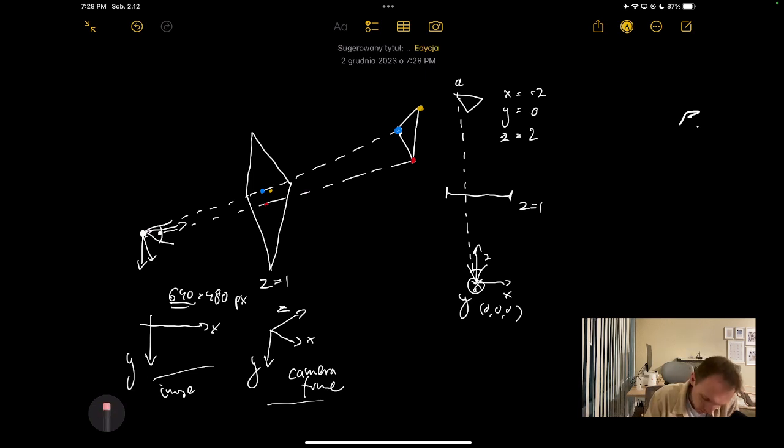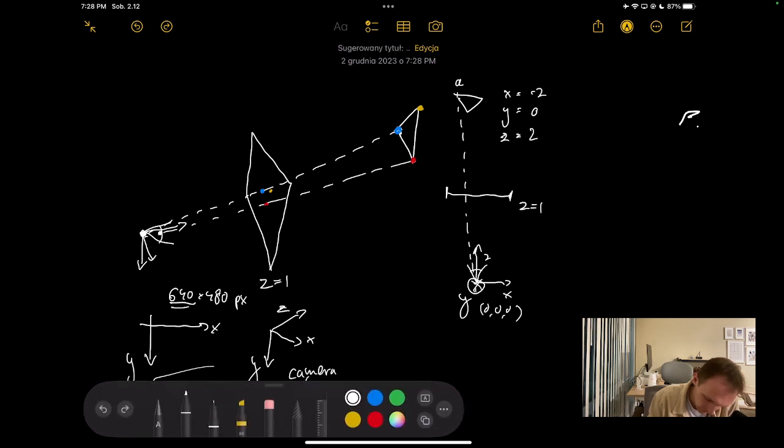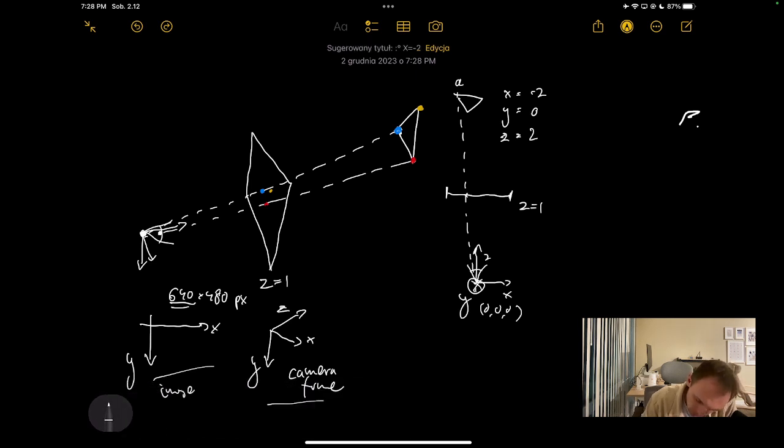And then if I want to figure out the coordinates of this point, I just need to normalize to have z equals 1, right? So if I do x over z, that's -1, then y over z is just 0, and then z is 1.